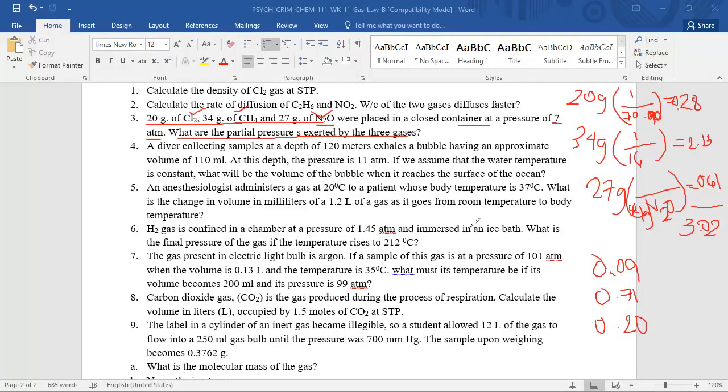Ayan. Then, multiply natin by the total pressure. Gaya yung computation natin kanina sa partial pressure. So, 7 atmospheric pressure. Multiply lang natin yan each to get the answers for the partial pressures exerted by each of the component. Ayan.